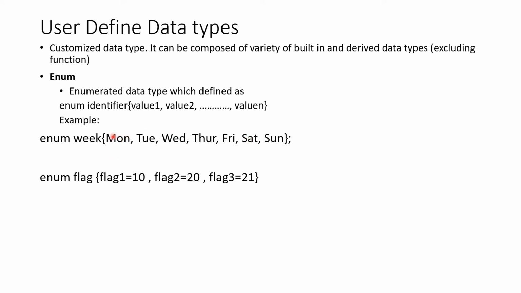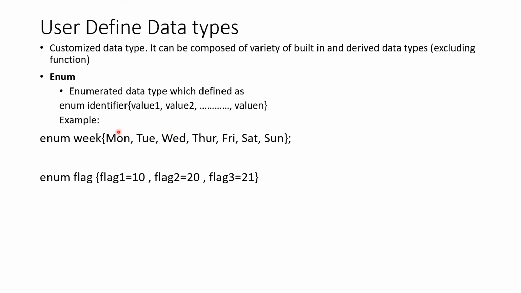Suppose it sets some value to Monday. By default it sets the value starting from 0. Monday is assigned integer value 0, Tuesday is assigned 1, Wednesday is assigned 2. It means by default it starts giving integer values from 0 and increments by 1.